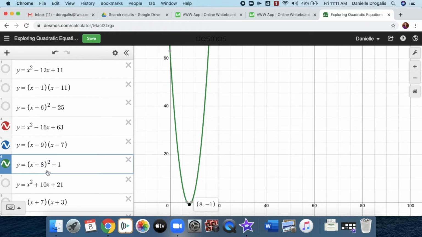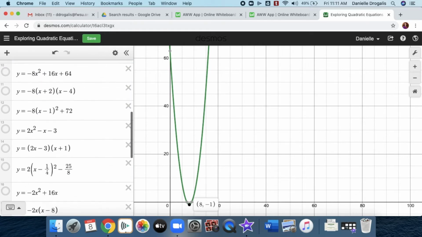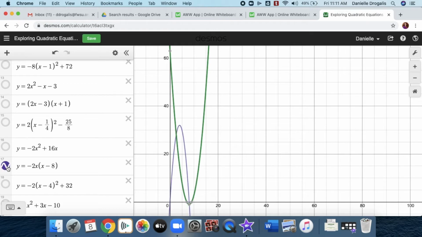What I also wanted to show you was, if I go down here, here's a parabola that faces downward, right? So it has a negative value in the lead coefficient. This triplet goes together, so I'll click them all so you can have that proof that they all are the same parabola. Here in the standard form, it's much more clear. The lead coefficient is a -2.